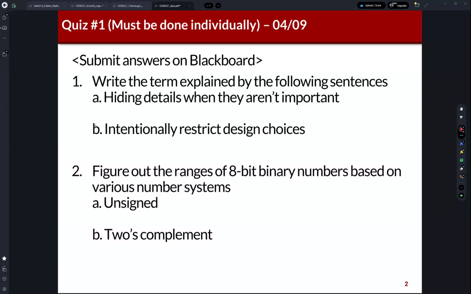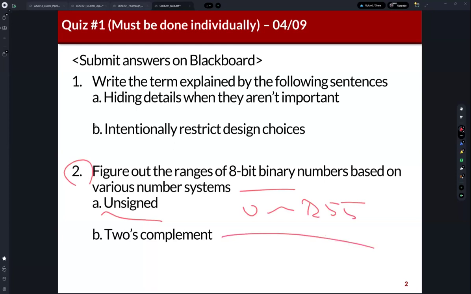So what's the answer? That's this one, 1A abstraction, and P is discovery, right? And then 2. As a computer engineering student, you need to be familiar with the range of 8-bit data.